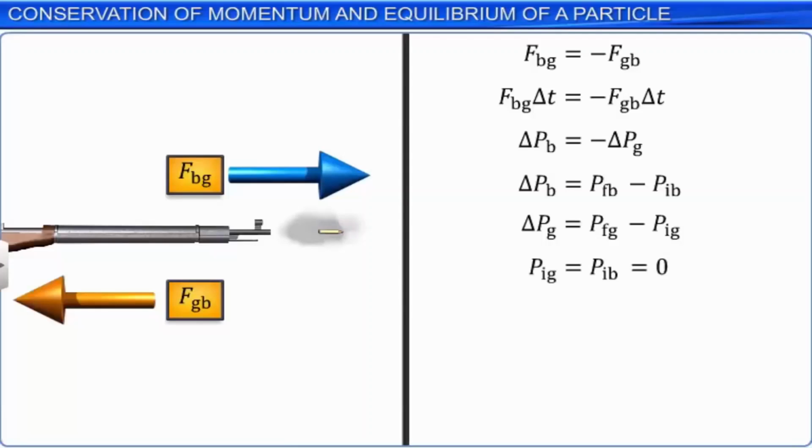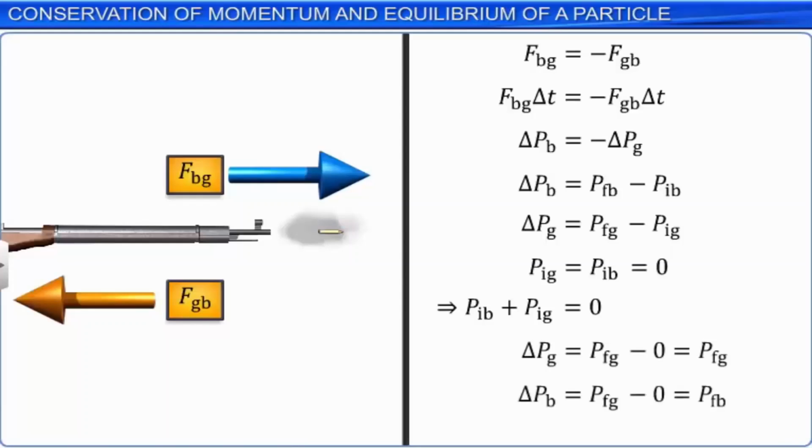This indicates that the total momentum of the gun and the bullet as a system is zero. As the initial momentum of the gun and the bullet is zero, the change in momentum of the bullet and the gun is equal to their final momentum Pfb and Pfg respectively.